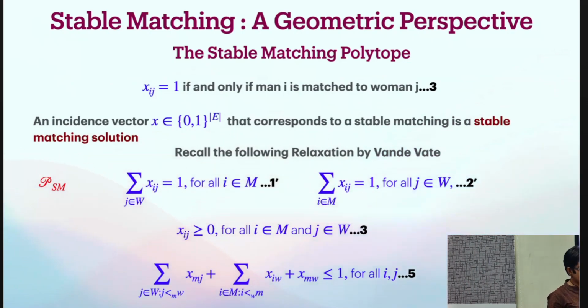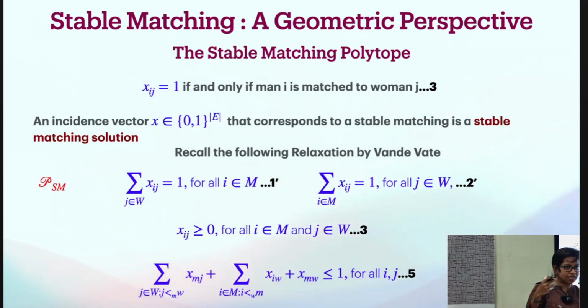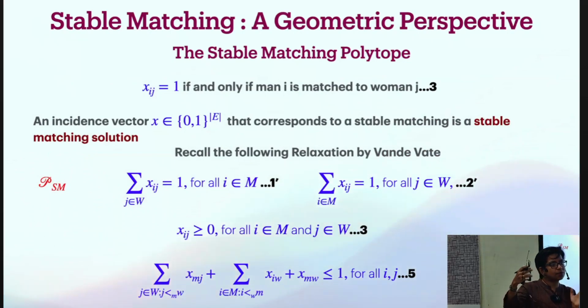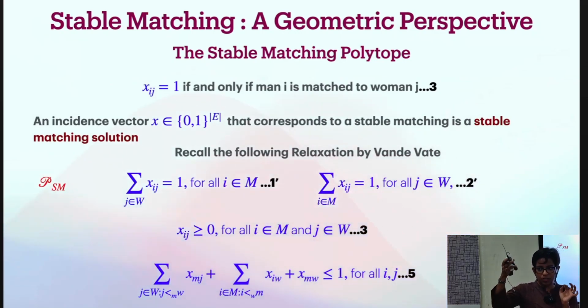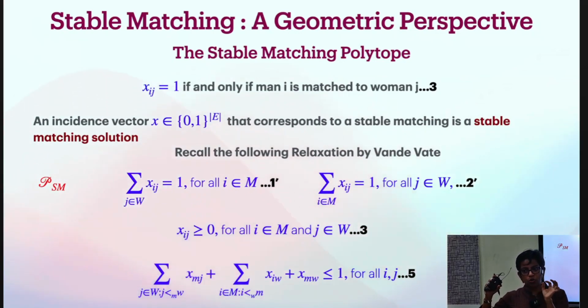Now notice one thing. I can collapse this matrix X because in a way this is a symmetric matrix. If M is matched to W, then W is matched to M. So the entry MW corresponds to the entry WM.